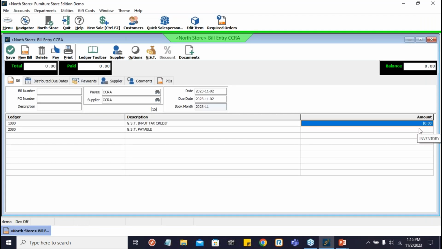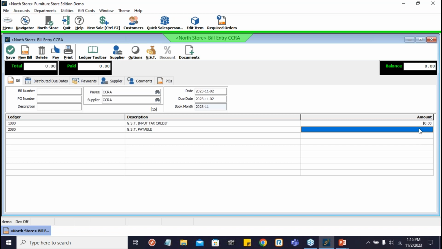So this is $16 and this one is negative $7.50. And that gives my balance $8.50 for this bill that I need to submit to the CCRA.